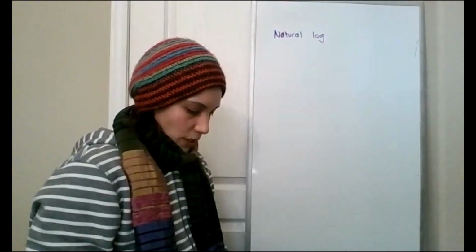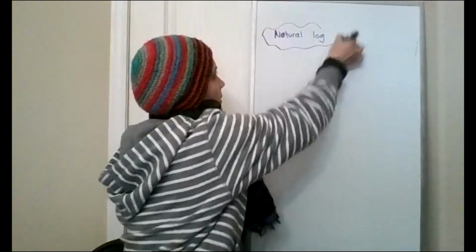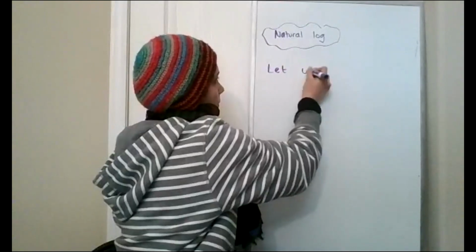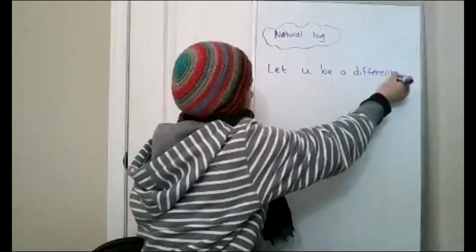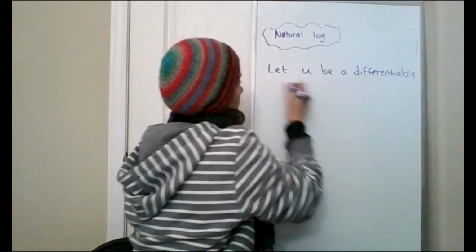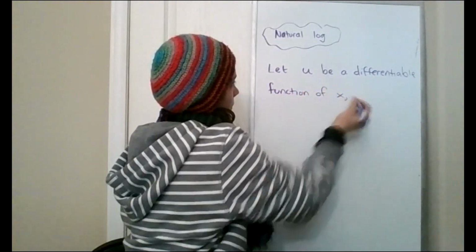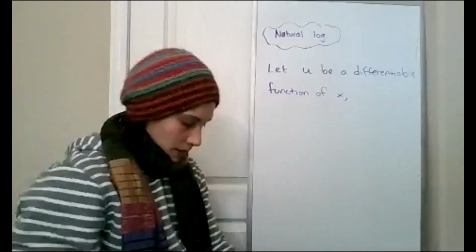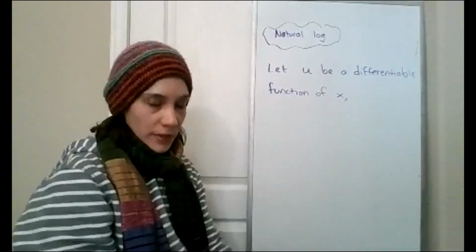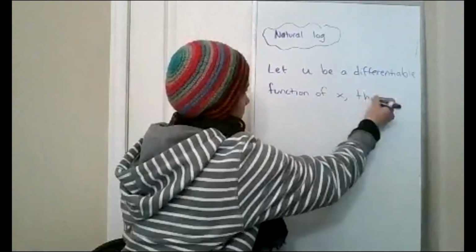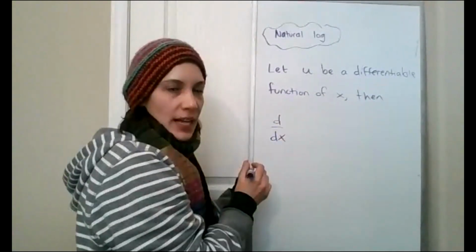Okay, so you've got u is a differentiable function of x. And we're going to take the derivative with respect to x of ln of u.